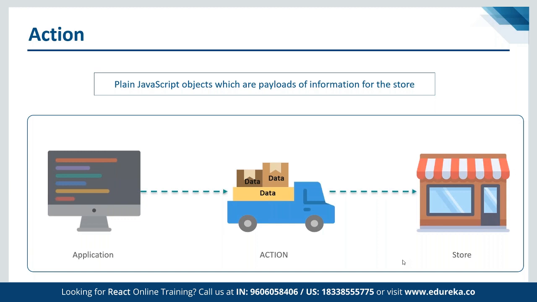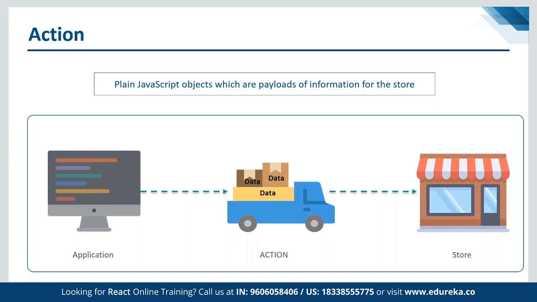So an action is a plain JavaScript object which is a payload of information for a store. So basically, the only way to change state content is by emitting an action. Actions are the main source of information which we use to send data. Now, data can include user interactions, internal events such as API calls, or form submissions as well.